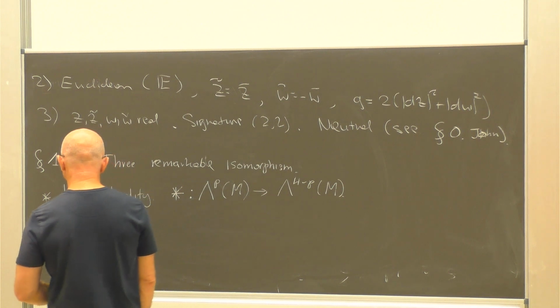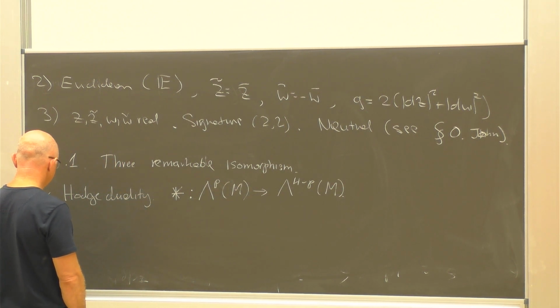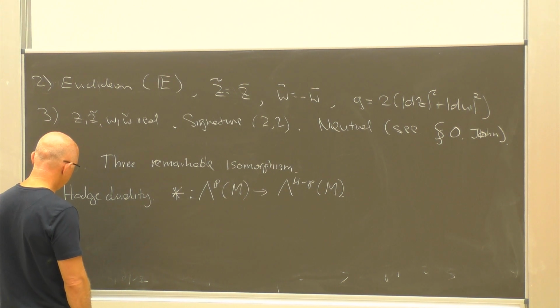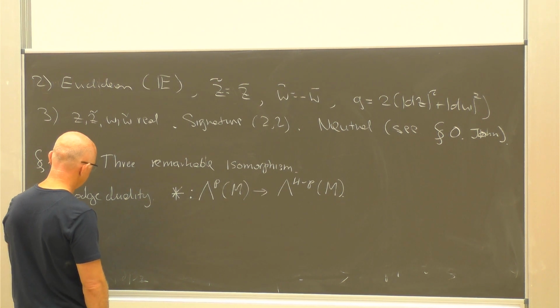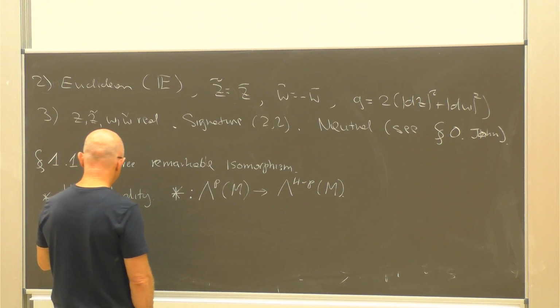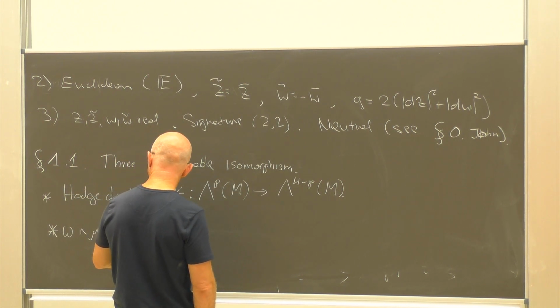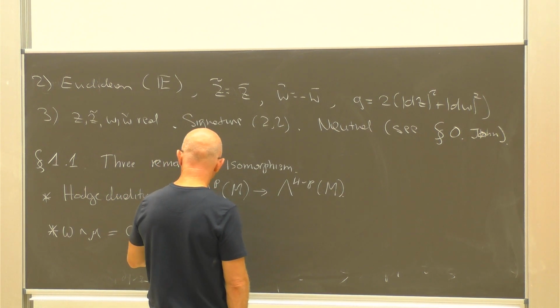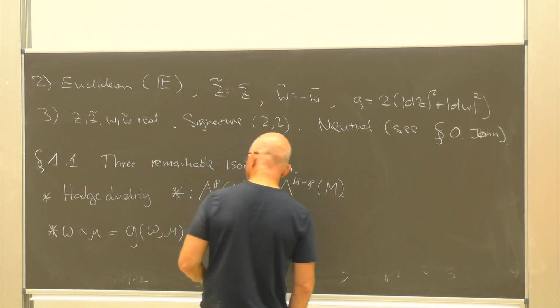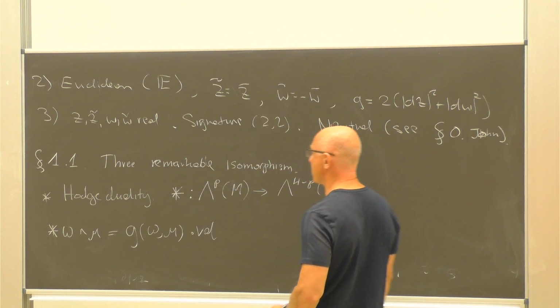And that is defined by saying, for example, that star omega wedge mu is G of omega and mu times the volume form. That's a coordinate invariant way to define this.